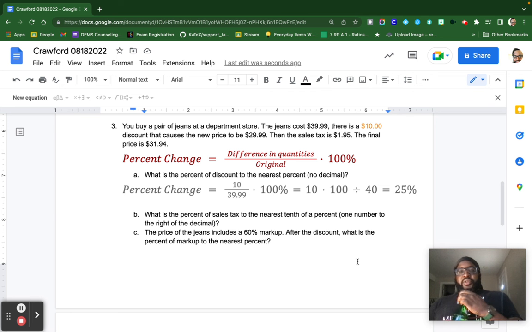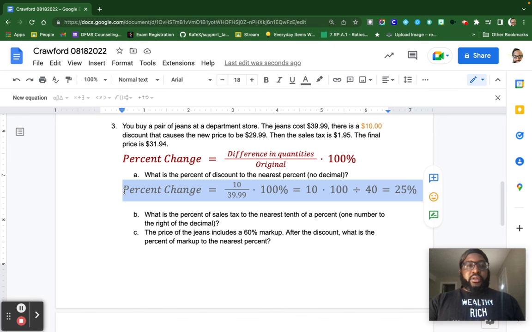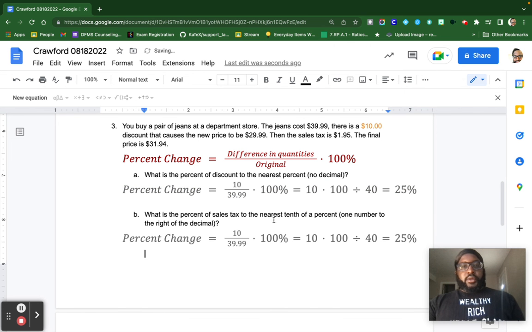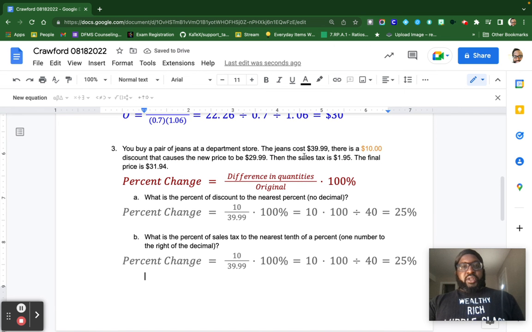Now they want us to find the percent sales tax. Again, I can use the same formula, and I'm going to copy and paste because I'm not going to kill myself to do no math problem. Again, the difference.